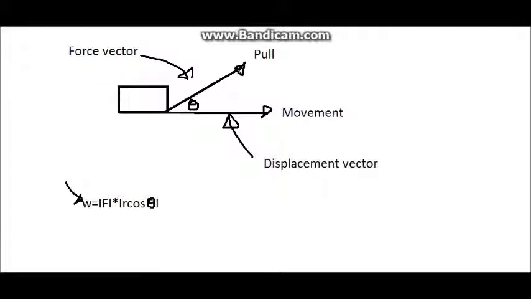And what do they stand for? W is work, obviously. Remember when you see a letter as an absolute value, it usually means magnitude. So the magnitude of F is the magnitude of the force vector, F for force, and R for displacement.